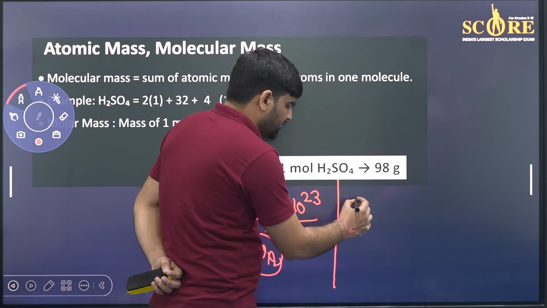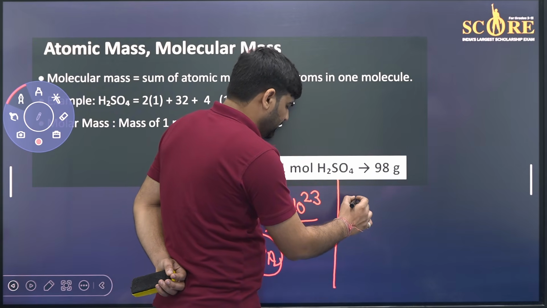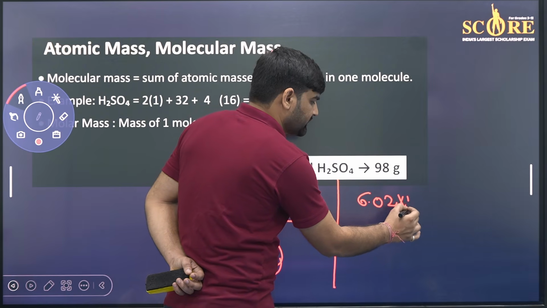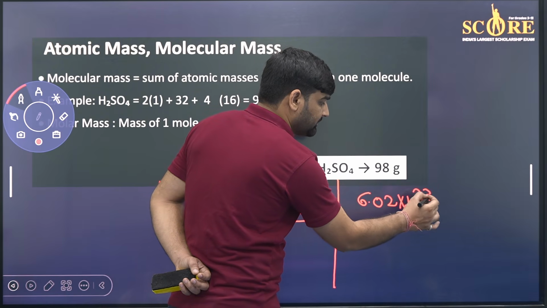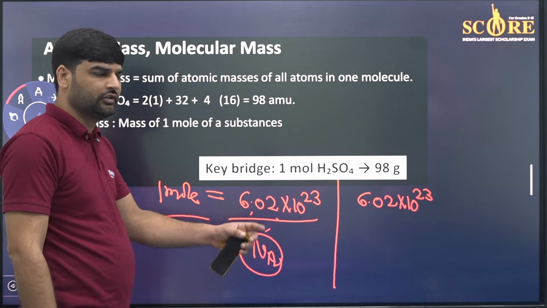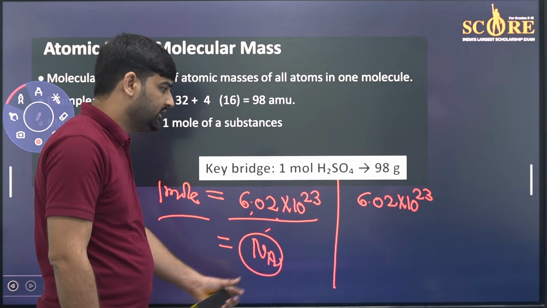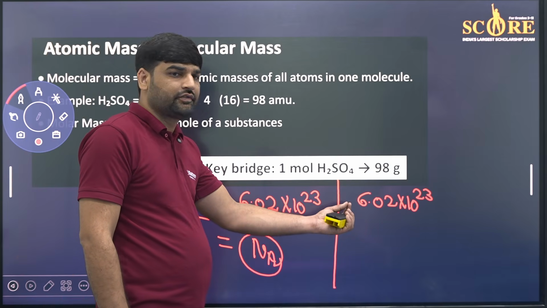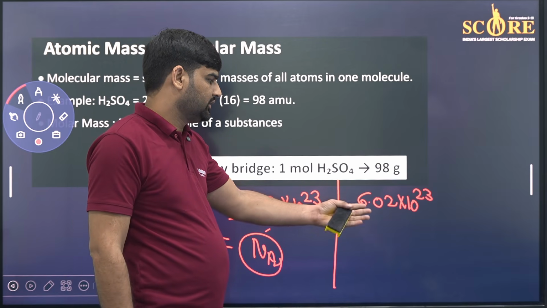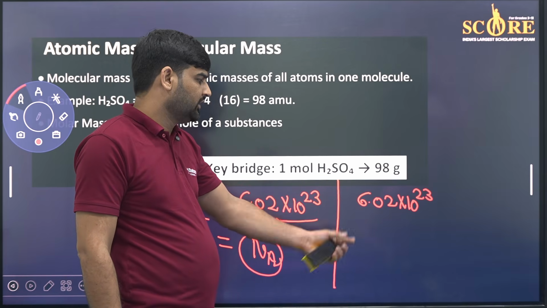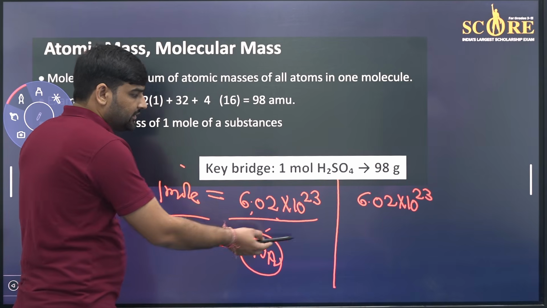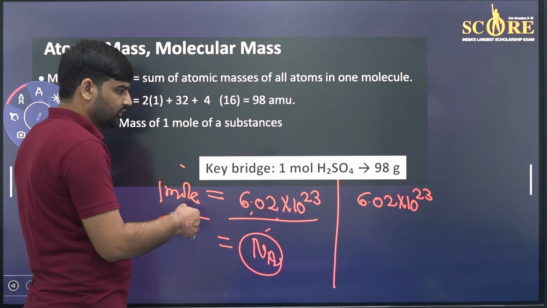For example, if you have 6.02 multiplied by 10 raised to power 23 markers, then you can say you have 1 mole of markers. If you have this number of electrons, then you can say 1 mole of electrons. It means these numbers represent 1 mole.